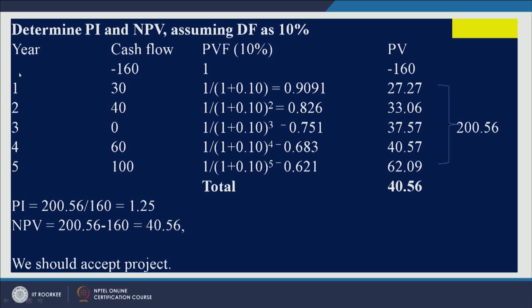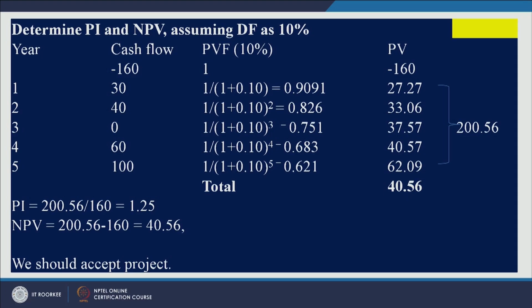The discounting factors are 0.90 in the first year, then 0.82, 0.75, 0.68 and 0.62. You just add all these values in this column and you will get the present value as 40.56, right.